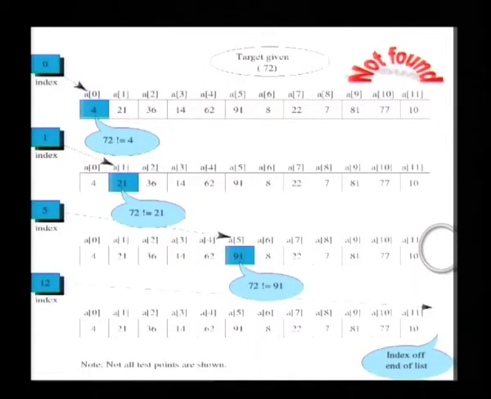Let us consider the running time to search for a key which is 72, which, as you can see, does not occur in this array, and there are 12 elements in this array, and we do not show all the comparisons. This is definitely not necessary.